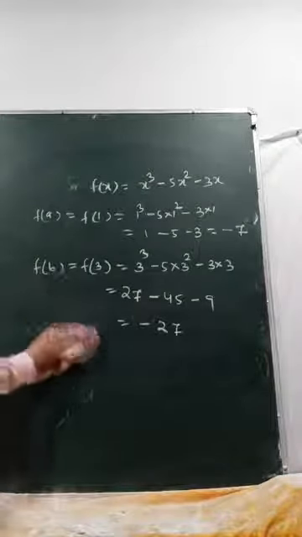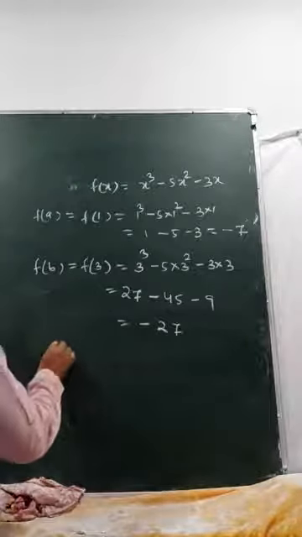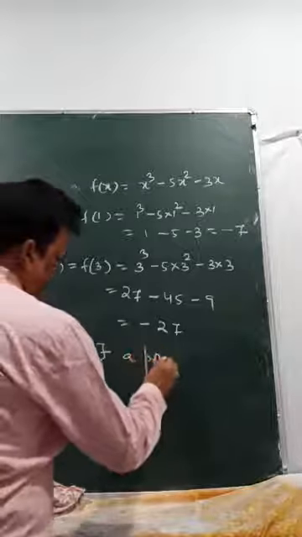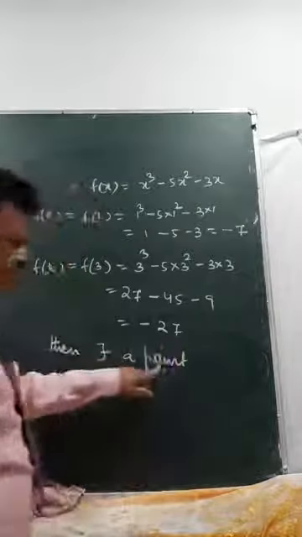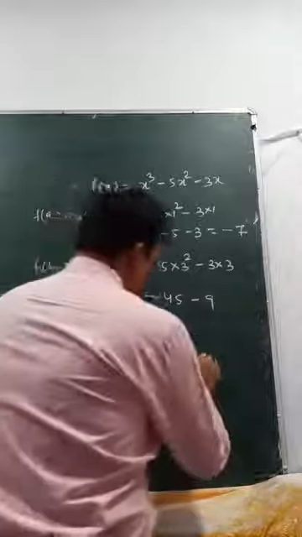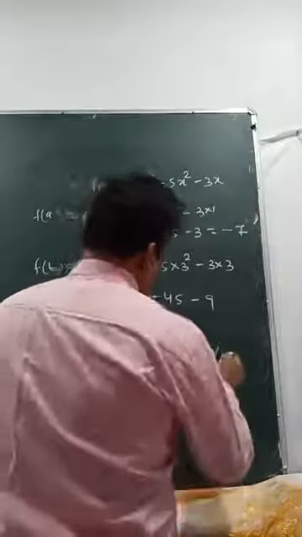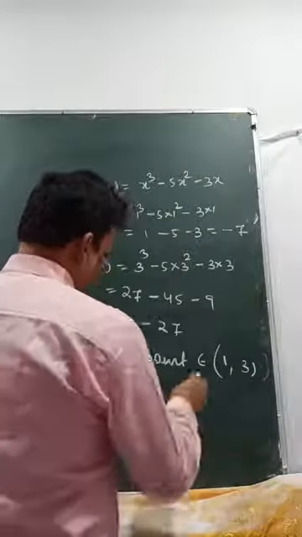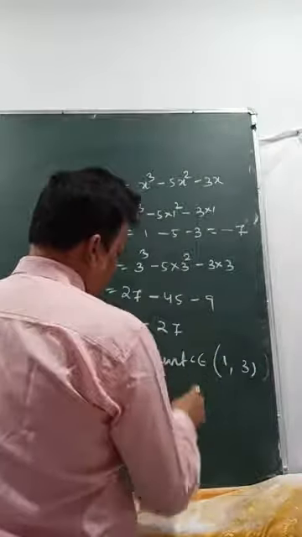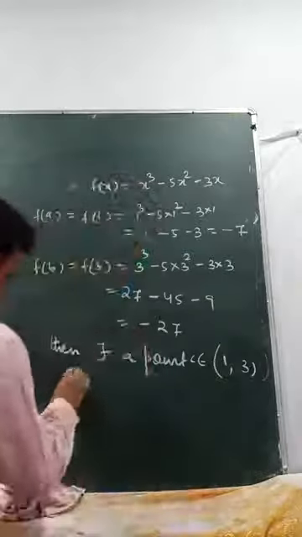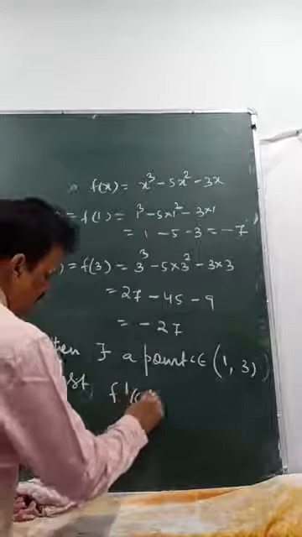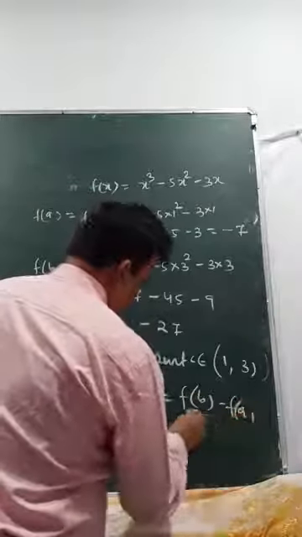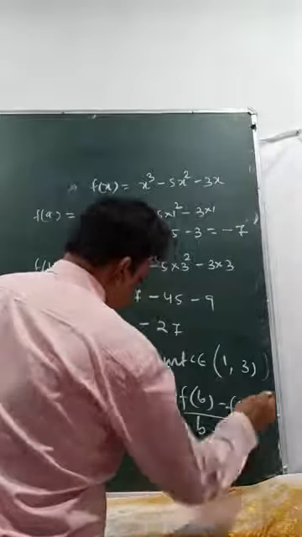Okay. Then there exists a point c belonging to (1, 3). (1, 3) is what (a, b) is here. Point c belongs to (1, 3) such that f'(c) equals (f(b) minus f(a)) by (b minus a).